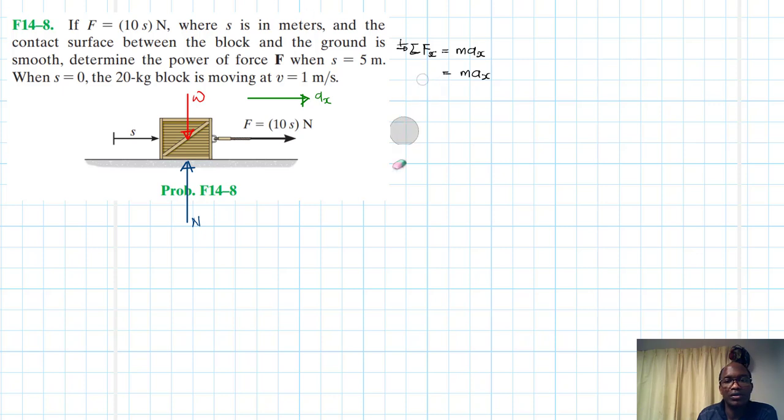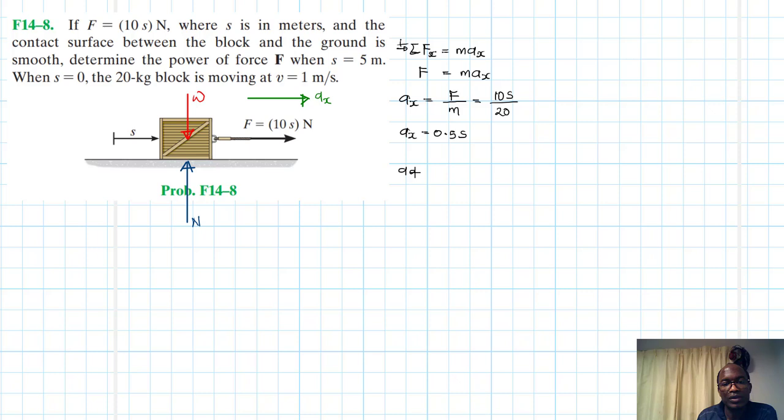Let me just call it F. Our a_x is just equal to F divided by m, and this is equal to 10 s divided by m, and m is 20. Therefore our acceleration is just equal to 0.5 s.